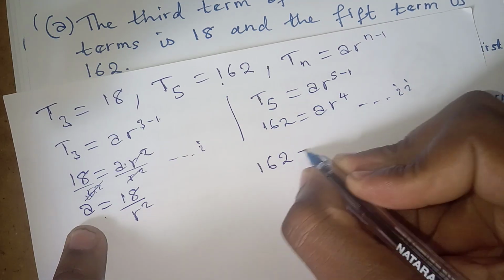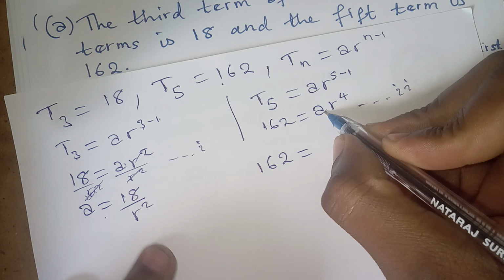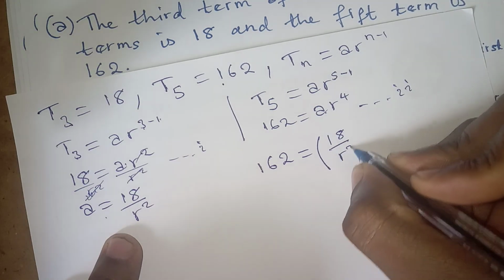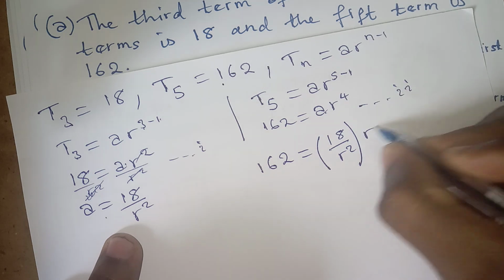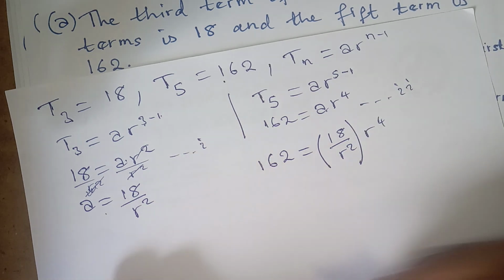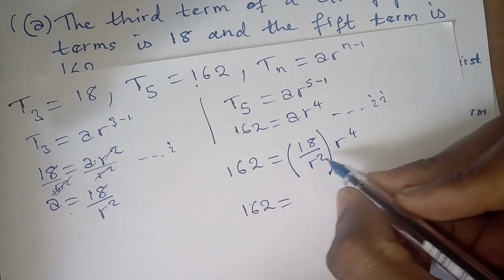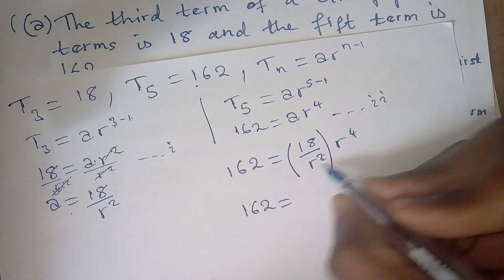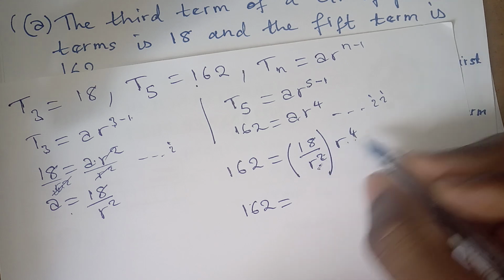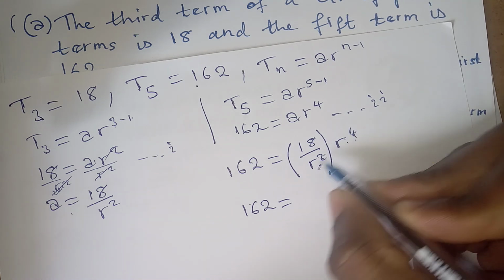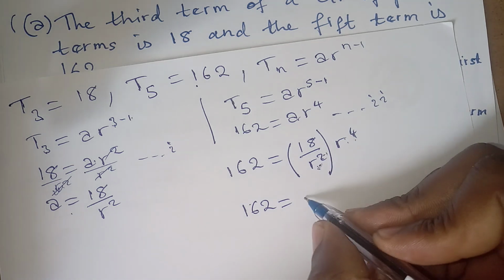And then I can simply substitute this in the other equation. We have 162 is equal to, where we have an a, we can substitute 18 over r squared multiplied by that. So now this would be 162 is equal to, remember what happens to the powers when you're dividing, because this is like r to the power 4 divided by r squared.